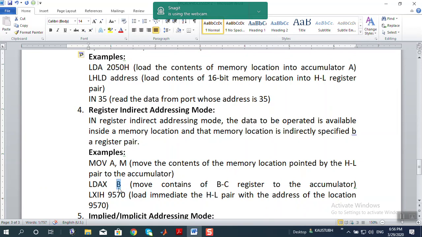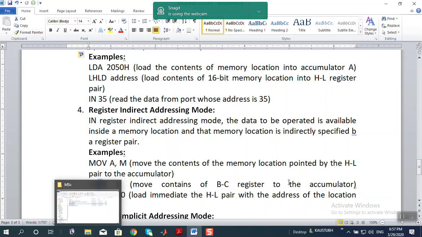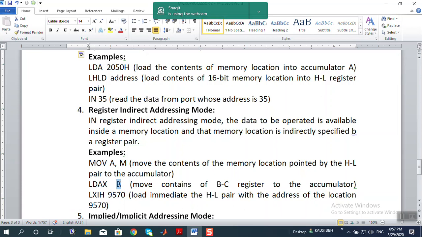So LDAX B means you are loading the accumulator with 8-bit data. Where is your data? In a memory location, but the address of that location is currently in the BC register pair. So you are indirectly specifying the memory; the address is not given here but is in the BC register pair, and you specify the BC register pair.